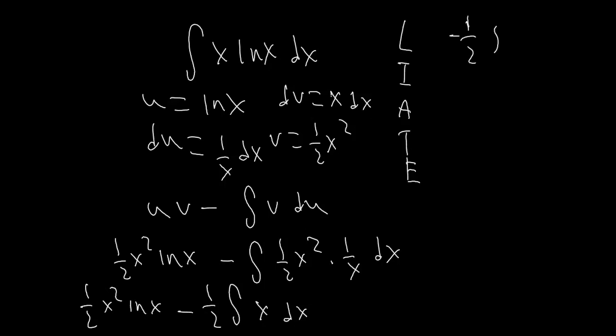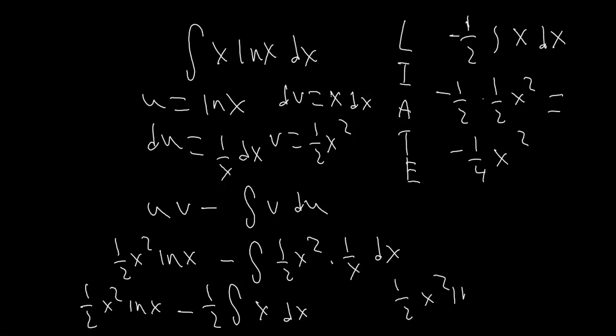To solve minus 1/2 times the integral of x dx, the integral of x is 1/2 x squared, so times 1/2 gives negative 1/4 times x squared. That means our answer is 1/2 times x squared times ln x minus 1/4 times x squared plus c, and that's your answer.